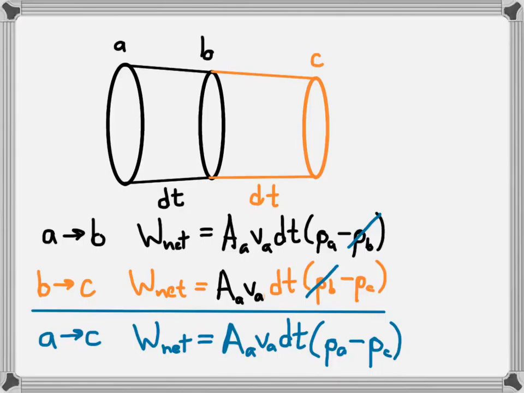This tells me that the net work done over any amount of distance from one point to another is equal to AA times VA times some time element dt times the pressure at point A minus the pressure at point C. And point A and point C don't necessarily need to be infinitesimally close to one another. They can be as far apart as I want them to be. And that will be the net work done on the fluid. So I just need to take the difference in pressure at the two points and multiply that times the cross-sectional area where it started, times the velocity where it started, and times some little time element dt.